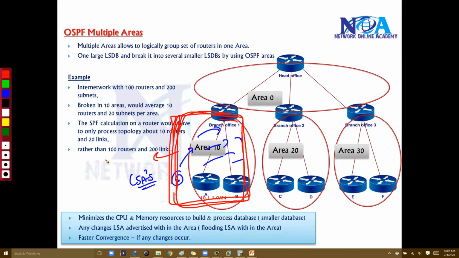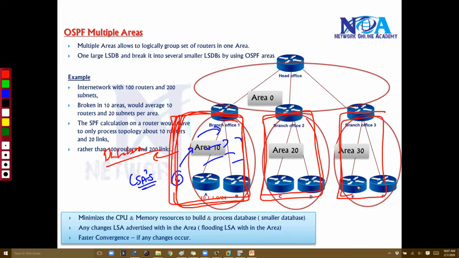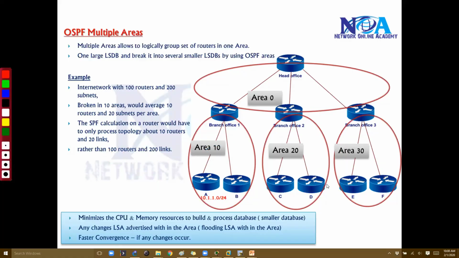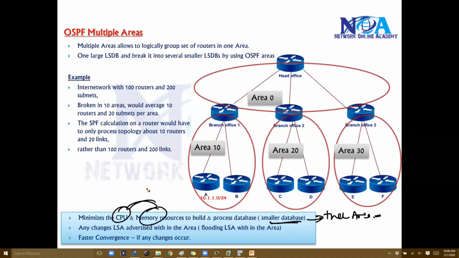So the database maintained by this area will be different from the database maintained by the other areas. Every area will have a separate link state database, which includes the advertisements generated within that specific area. This results in a smaller database, because the database is restricted to that particular area only. So this will minimize the CPU as well as the memory resources of individual routers.